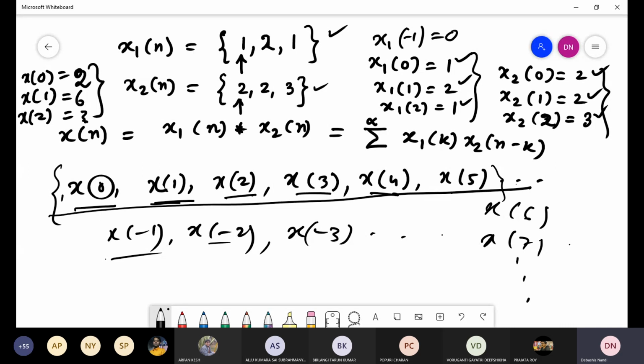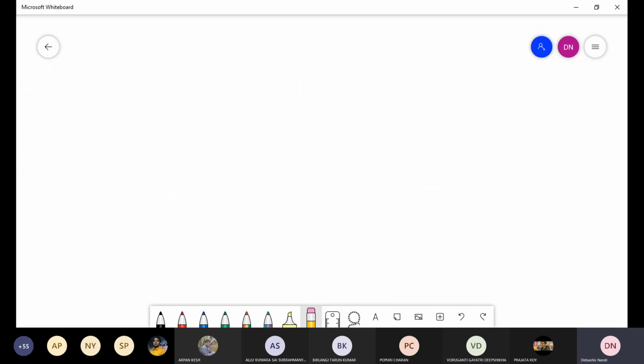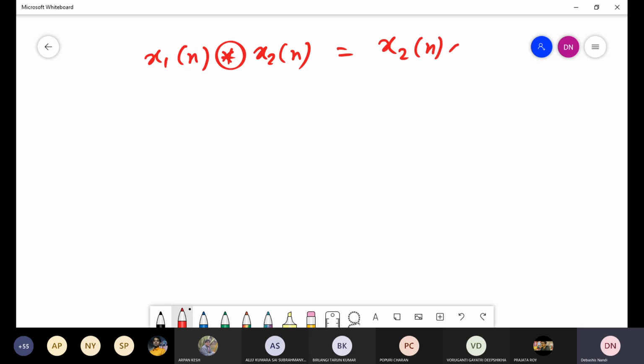Okay, so this is our convolution operation, and you can verify that if you interchange the position of the signals or functions, then it will give you the same result. That means x1[n] convolve x2[n] is equal to x2[n] convolve x1[n].